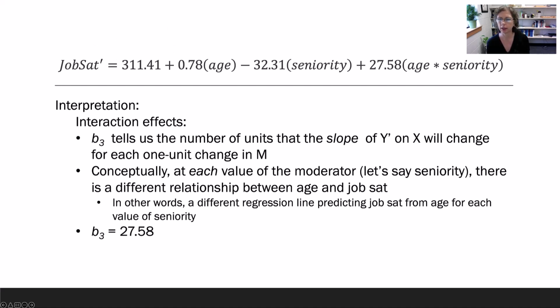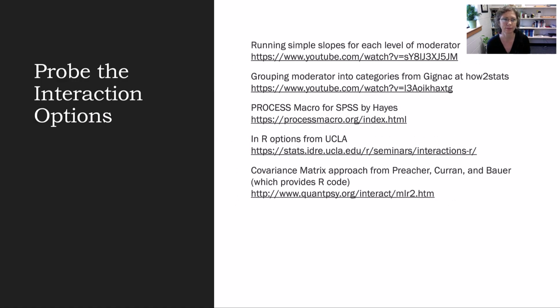Okay, I put in your notes a helpful website called the Analysis Factor, with tips on interpreting moderation. It seemed a good way to get another perspective on interpreting a moderation. In the labs, we're going to probe the interaction, and we're going to use a few different ways of doing that.